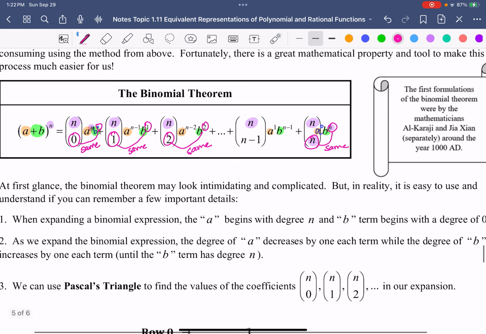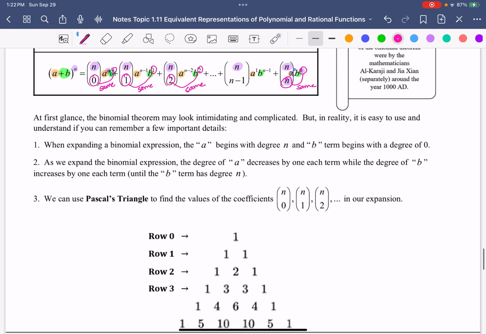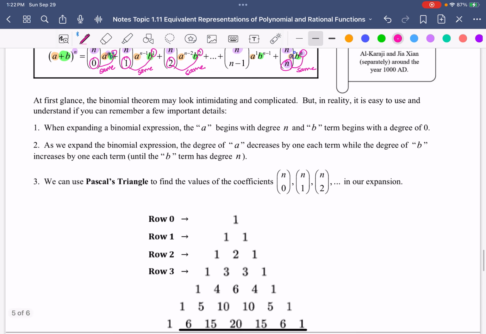Okay, so let's see. If you remember, when expanding a binomial expression, the a begins with degree n and b begins with degree 0. And then as you expand the binomial expression, the degree of a decreases by 1 each term, while the degree of b increases by 1 each term until the b term has degree n.